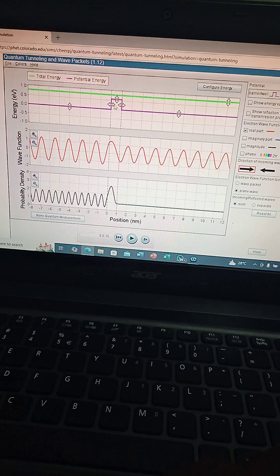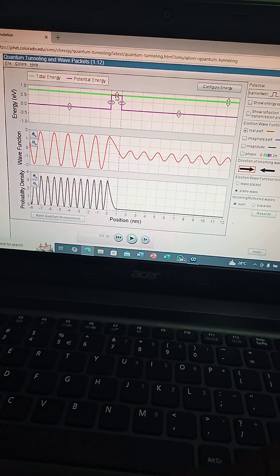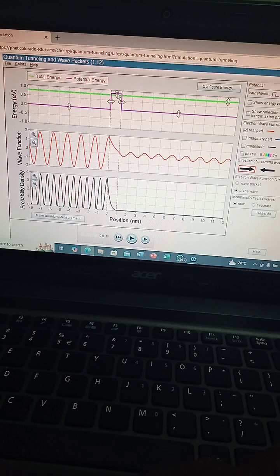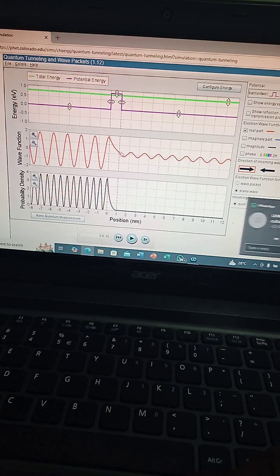When we increase it a little bit further to be equal to the energy of the particle, you can see that the amplitude outside, at the right-hand side of the barrier, is very high. Then inside the barrier, there is an exponential decay of the wave function, with a very minimal sinusoidal waveform outside the barrier.